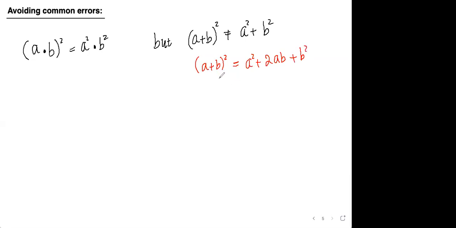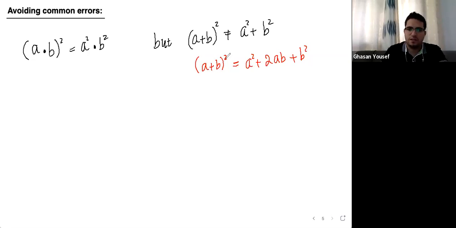We talked about this last class. a plus b, everything squared, is equal to the first term squared plus 2 times the first term times the second term plus the second term squared. So a plus b, everything squared, is not like multiplication; it is equal to the first term squared plus 2ab plus b squared.